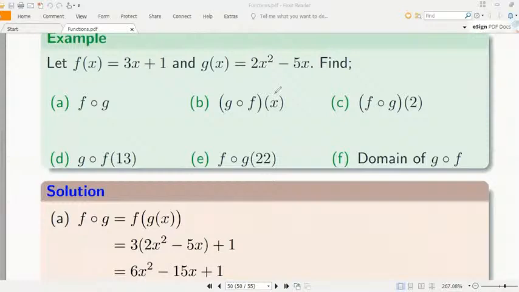Look, there was an X. One will have written it this way, another this way, F composition G with an X here.